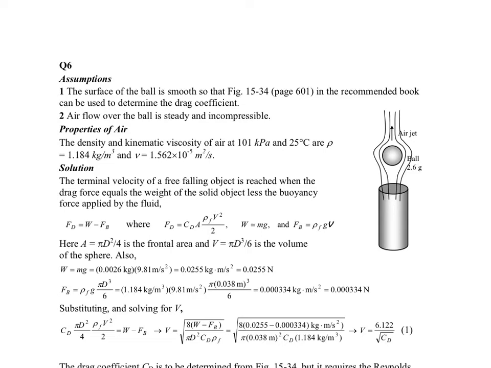Now, if you look at the assumptions, we are going to assume that the surface of the ball is smooth, and we are going to use figure 15-34 in our book, which describes the drag on either a sphere or a cylinder with respect to the Reynolds number.